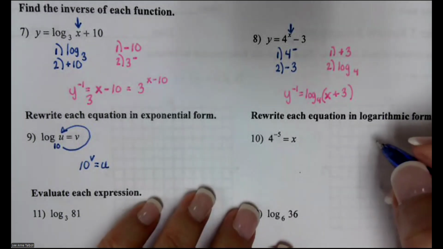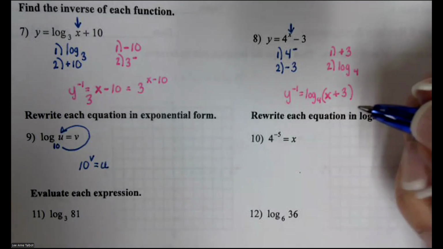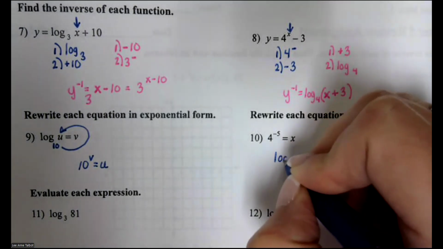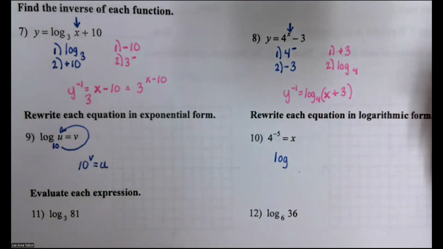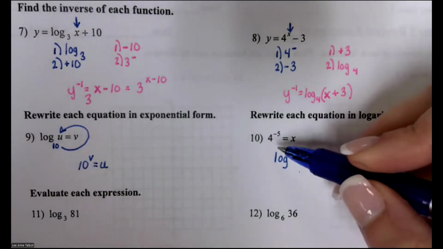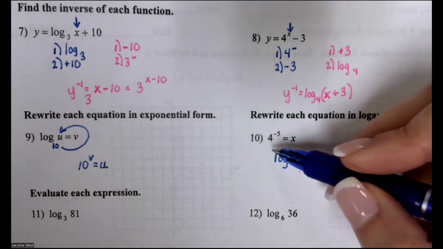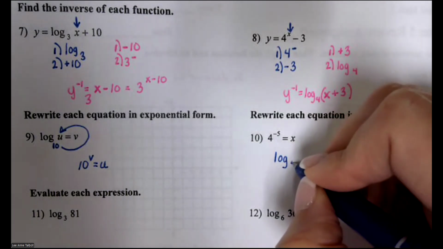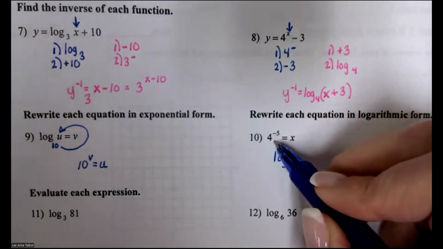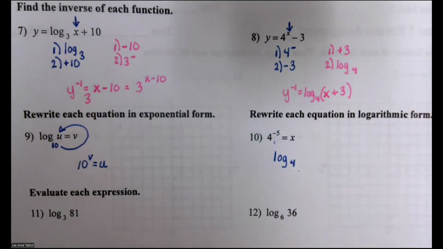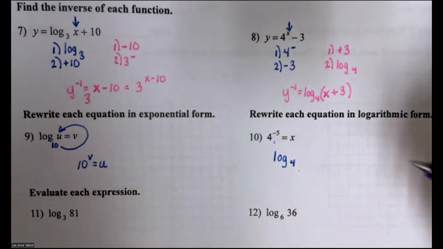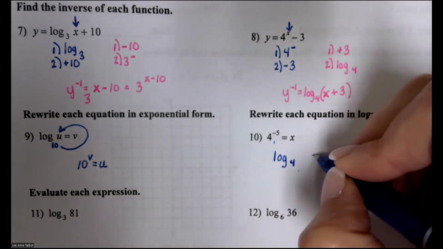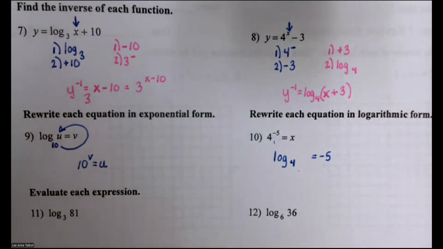Now log form. So I'm going to start with log. And I want you guys to remember that the base of the exponent is the base of the log. The exponent is the answer.